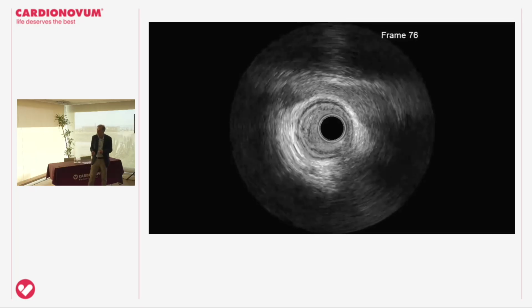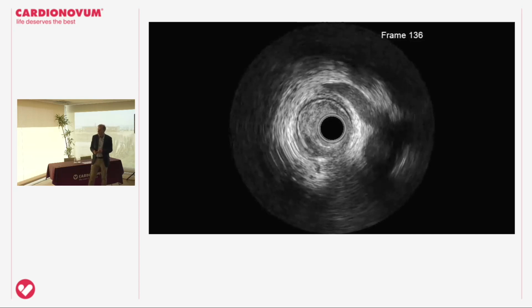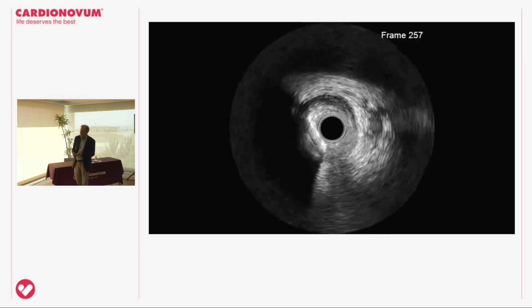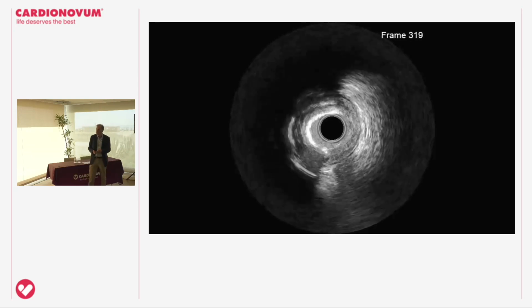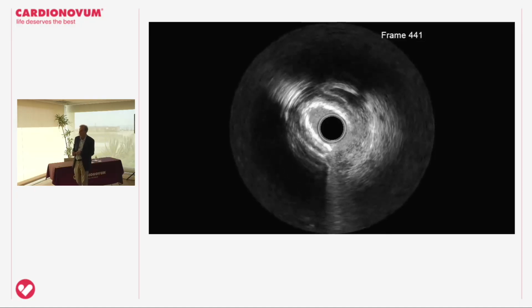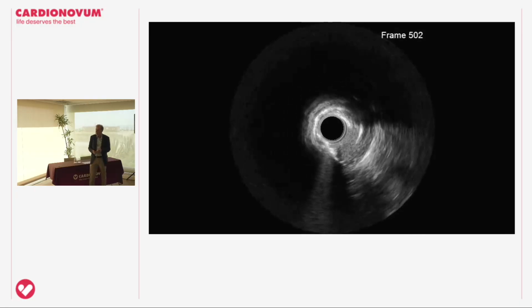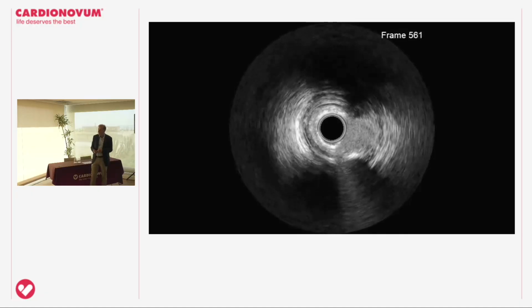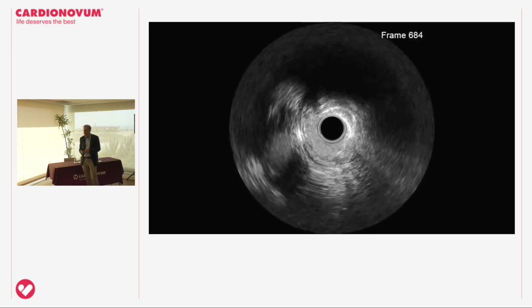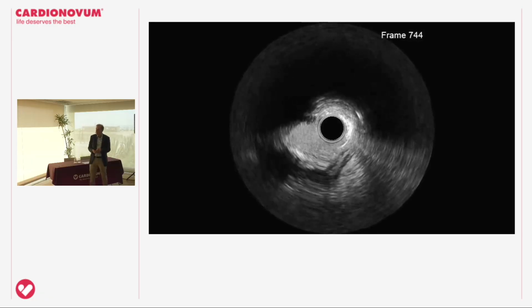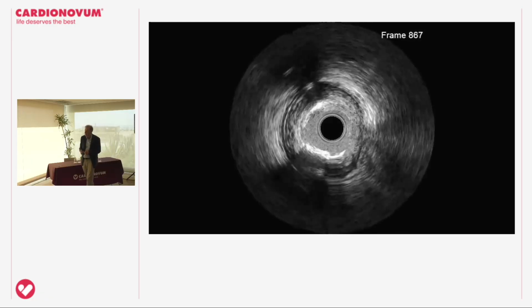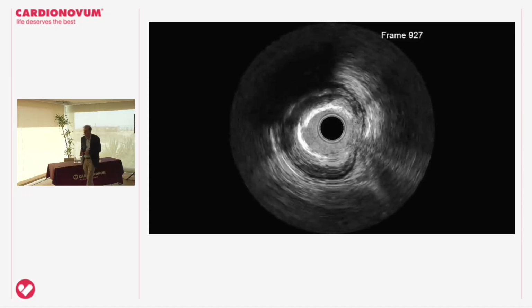Then I performed IVUS after rotablator, and you see the distal small vessel with plenty of calcium plaque, of course, 180 degrees. Some cracks there at 2, more calcium there, but it's a long lesion, now coming a side branch at 7, more the proximal part with some cracks at 5, etc.